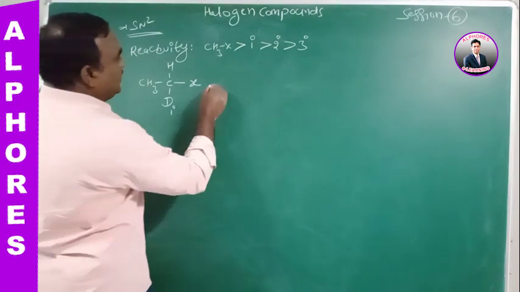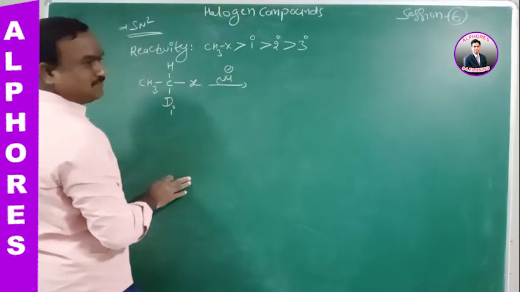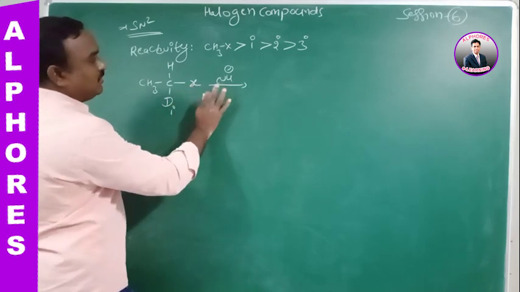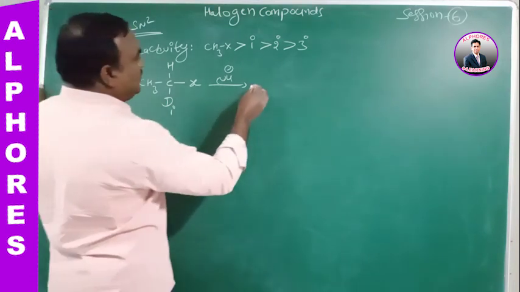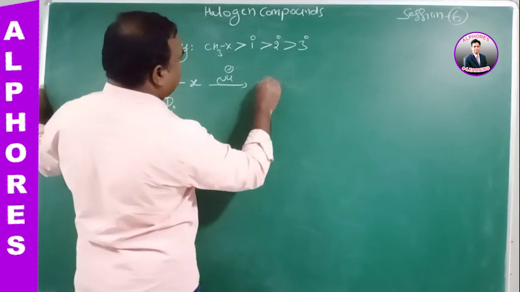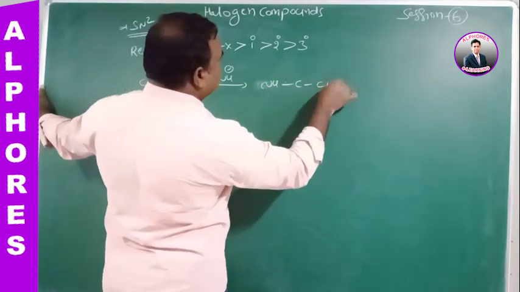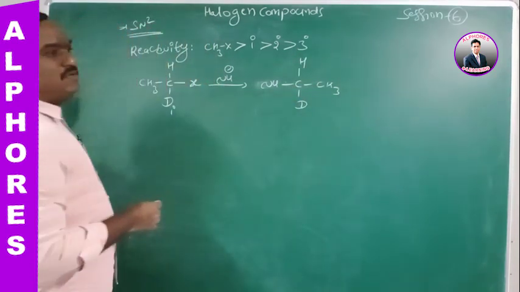Primary alkyl halide compounds undergo nucleophilic substitution reactions. The X minus is substituted by the incoming nucleophile. Again H, again deuterium D is given.